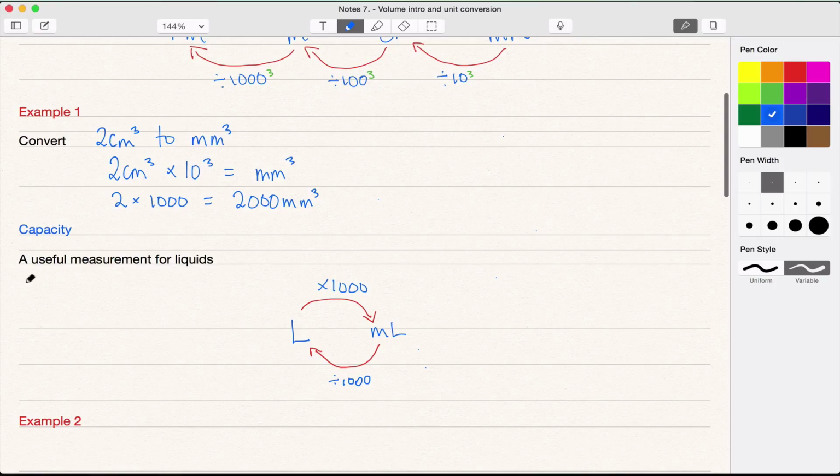So a really useful conversion that you need to get down is that 1 cubic centimetre equals 1 milliliter.